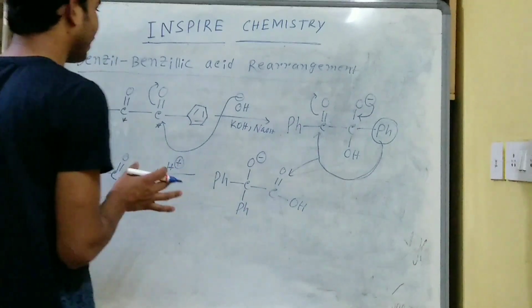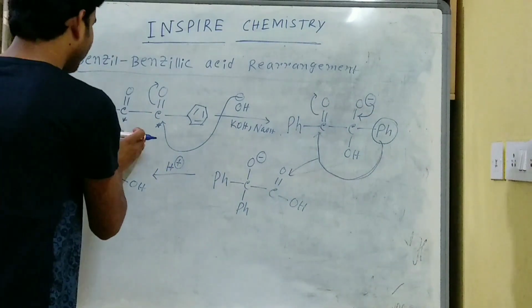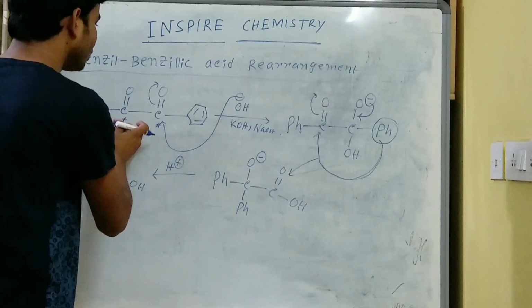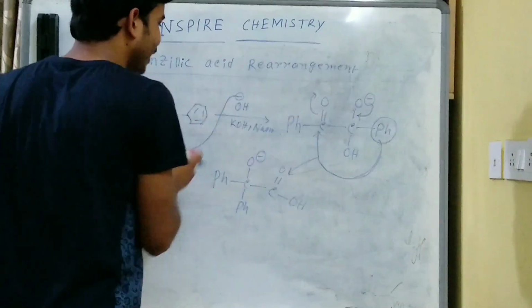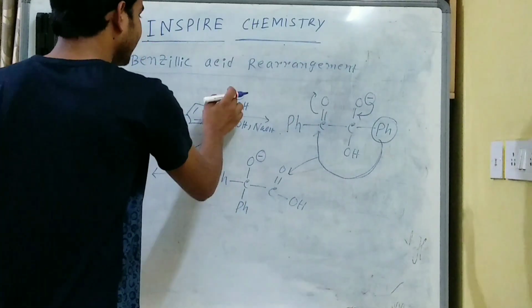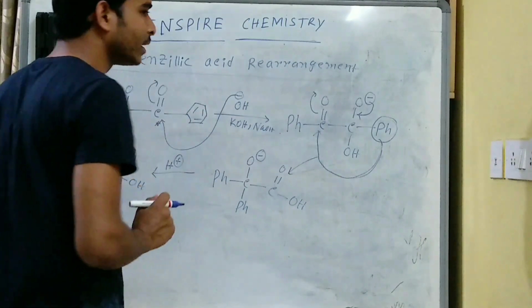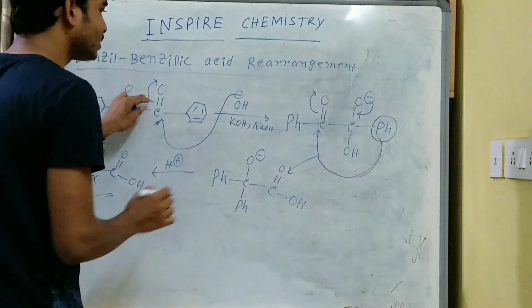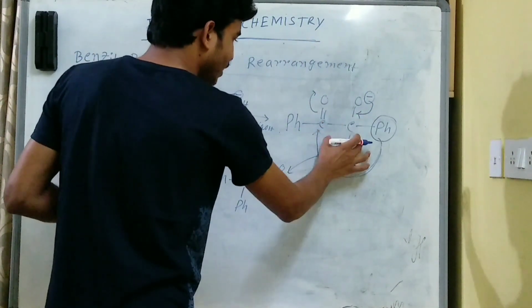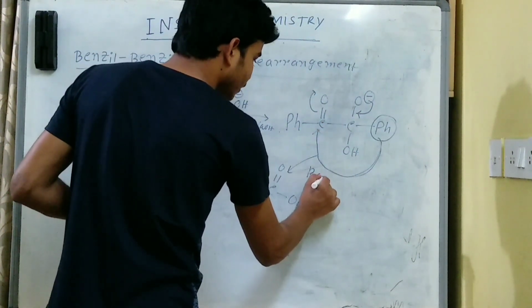So this mechanism is very important. At first we take this type of diketone, and when we use a base like OH minus, most of the cases it will attack this electrophilic carbon center, and the C=O bond will release. After that, a rearrangement takes place.